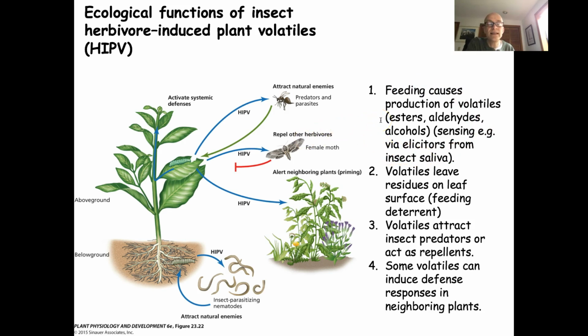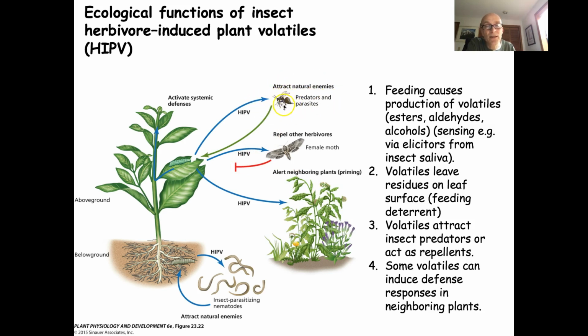So these are esters, aldehydes, anything that can evaporate quickly and go out into the air. These volatiles then, first of all, leave a residue on the leaf, so they make it oily or bitter, I suppose, not very attractive for the attacker. But they can also then attract these natural enemies.